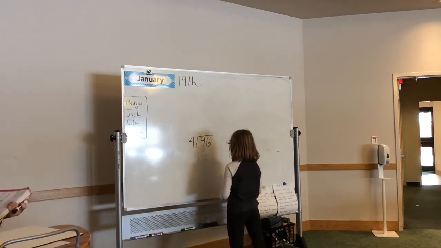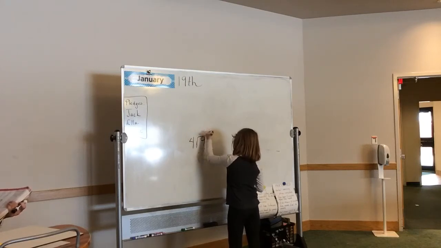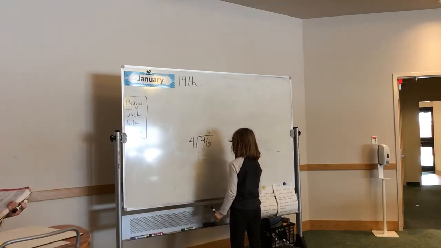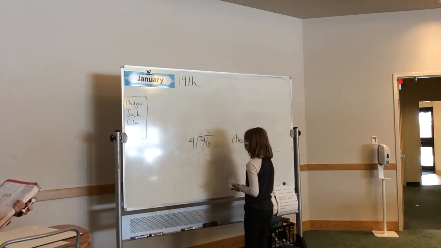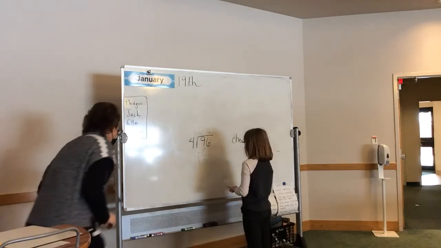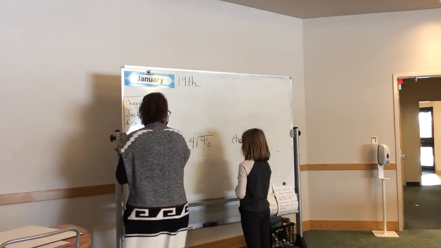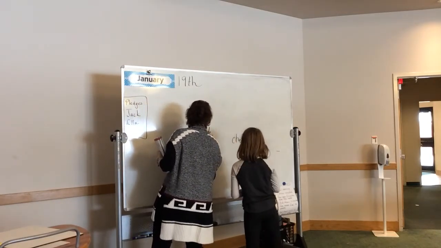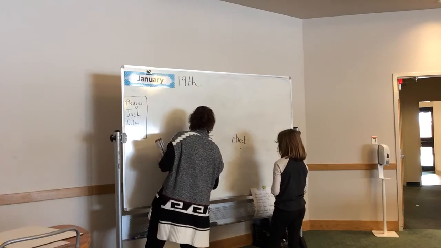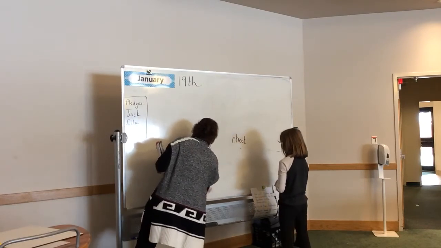How many times does 4 go into 16? Good. What is 4 times 4? Good. So put 16. You need a new marker. And then check it. 16 minus 16 is 0.